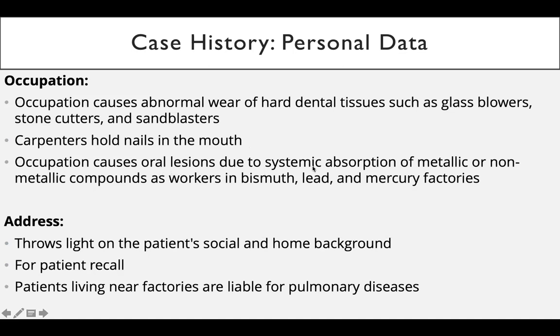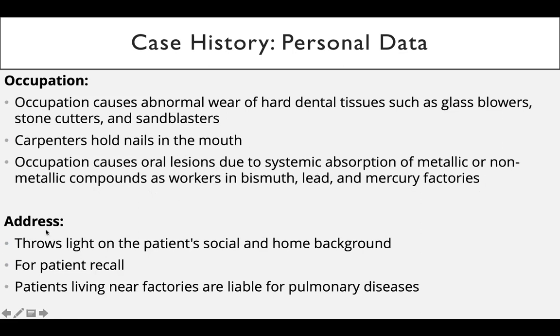Some occupations cause oral lesions due to systemic absorption of metallic and non-metallic compounds, such as working in bismuth, lead, and mercury factories. They can cause some oral lesions, and mercury is particularly dangerous. Lead can cause discoloration of teeth, and so can bismuth.